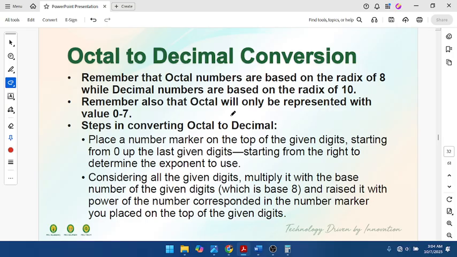The steps: place a number marker on top of the given digits, starting with 0 from the right up to the last digit, to determine the exponent to use. Then multiply each digit by the base 8, raised to the power of the number marker on top of that digit.